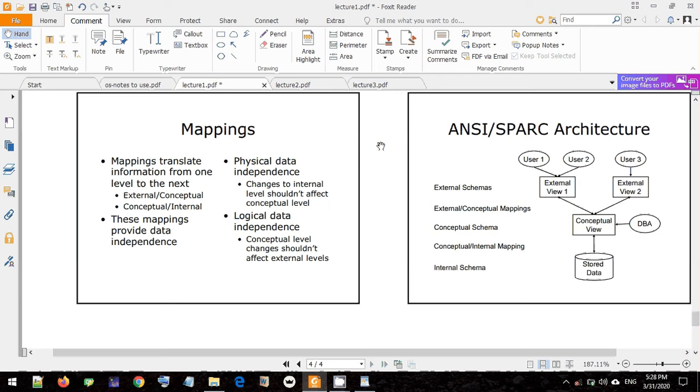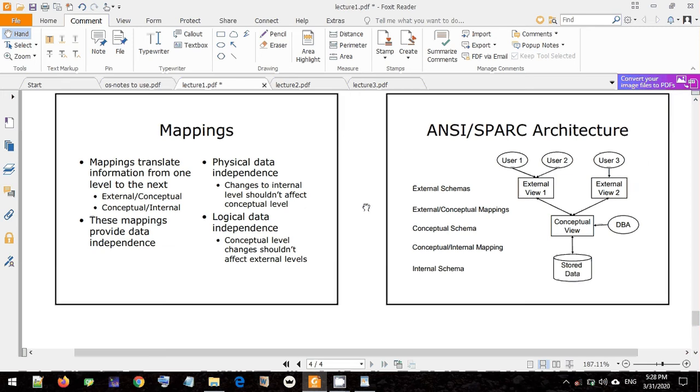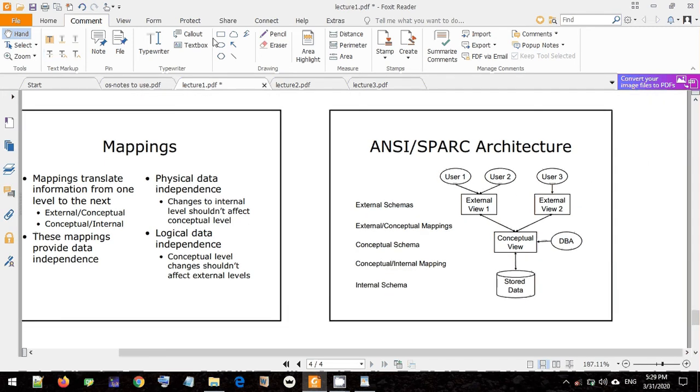Physical data independence changes the internal level. It makes sure that changes made to the internal level don't affect the conceptual level. Logical data independence, on the other hand, ensures that changes at the conceptual level should not affect the external level. Now, take a look at this diagram.